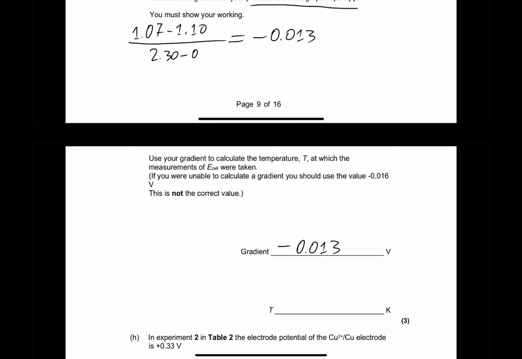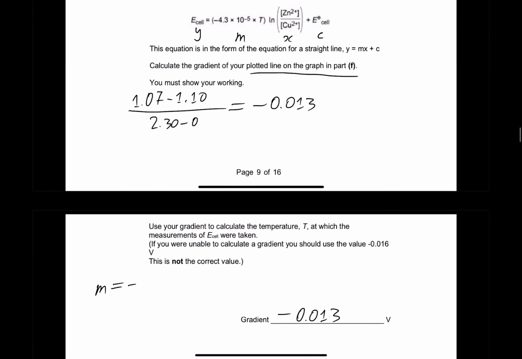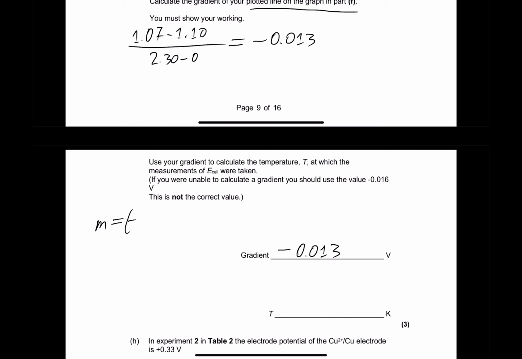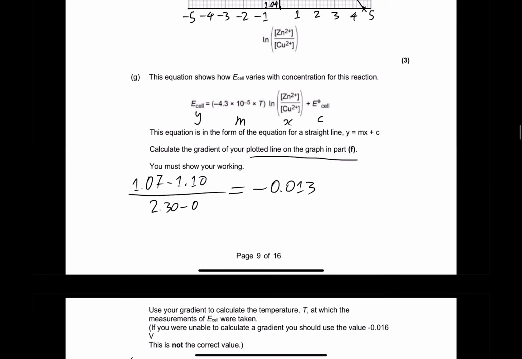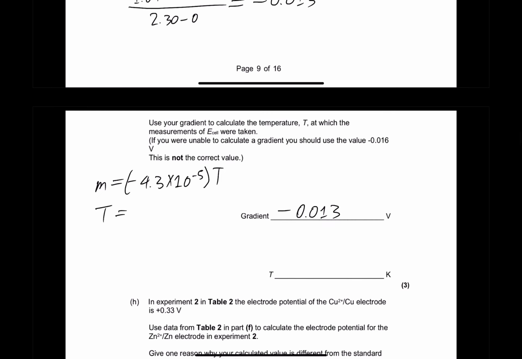Anyway, I'll continue this. So we know that M is equal to minus 4.3 times 10 to the power of minus 5 multiplied by T. Right, when we get T, we already have M, so T is equal to M over, so minus 0.013 over minus 4.3 times 10 to the power of minus 5.